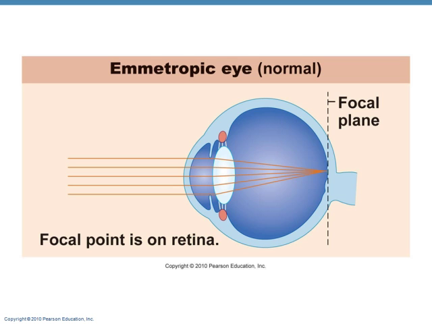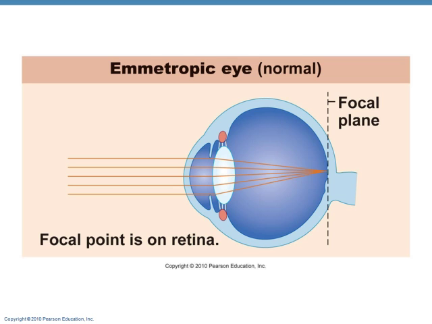So accommodation of the lenses, constriction of the pupils, and since you have two eyes, what else has to happen in order for you to be able to visualize something clearly? Both of your eyes have to work together. So that's described under convergence of the eyeballs.